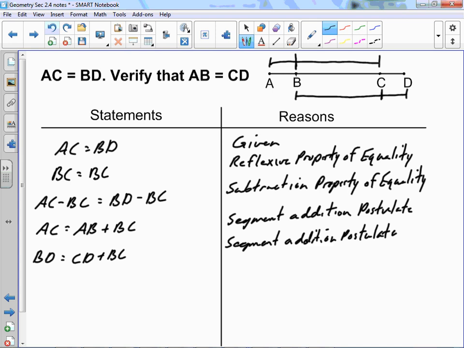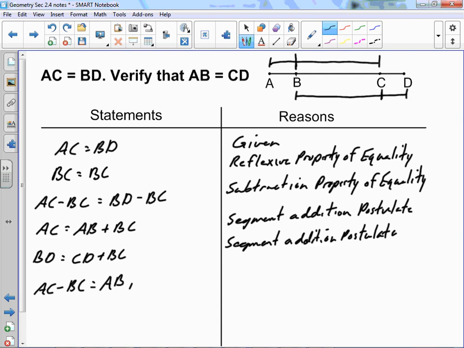All right, and so then if I take each one of these, if I subtract BC from both sides, then I'm going to end up with two new rules. If I take BC from both sides on the AC equals AB plus BC, then I end up with AC minus BC is equal to AB.